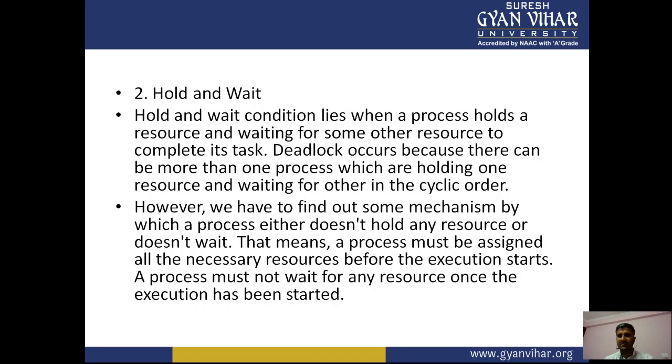Deadlock occurs because more than one process may be holding one resource and waiting for another in cyclic order, right. However, we have to find a mechanism by which a process either does not hold any resource or does not wait. That means the process must be assigned all the necessary resources before the execution starts, right.